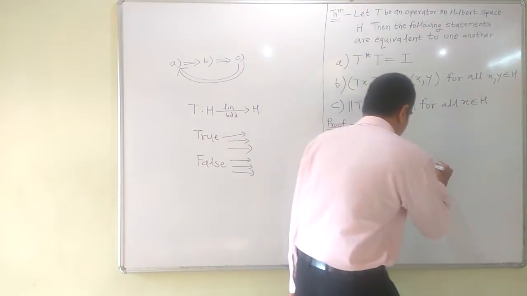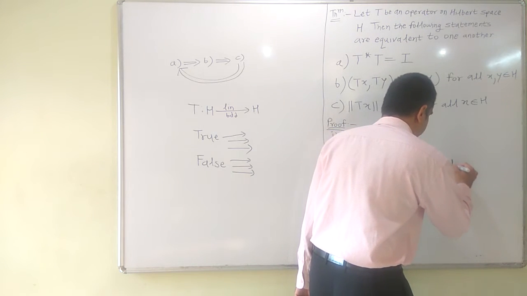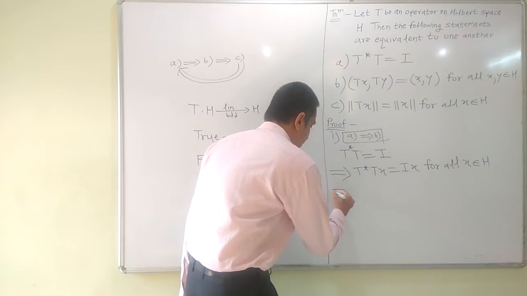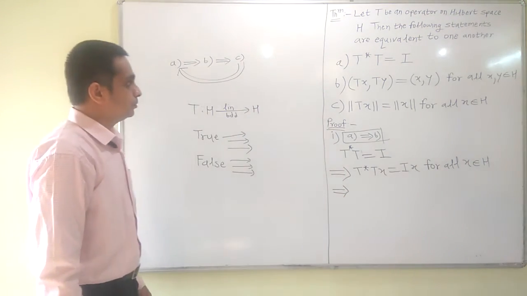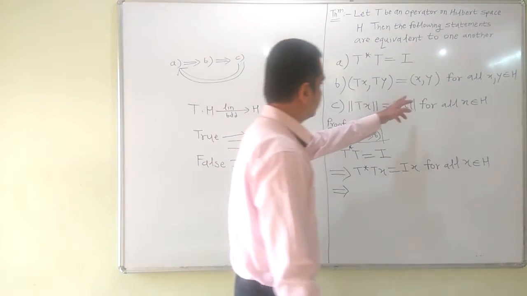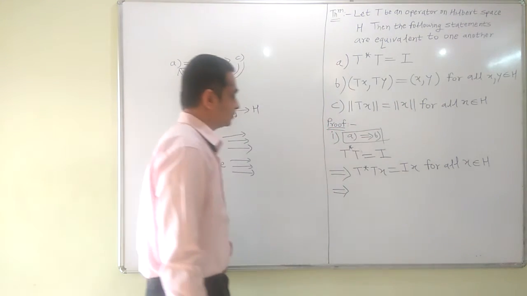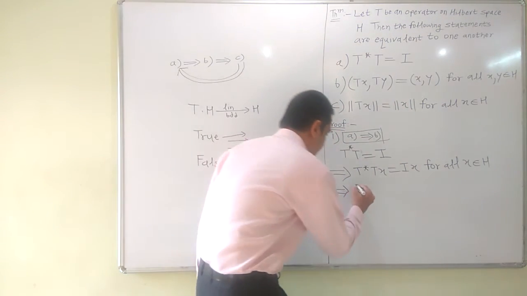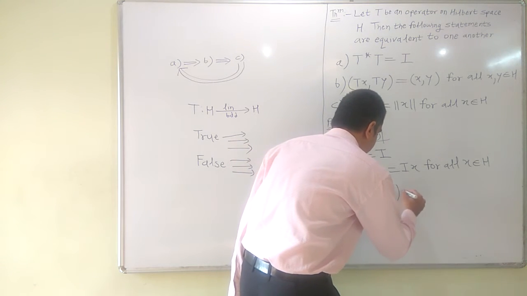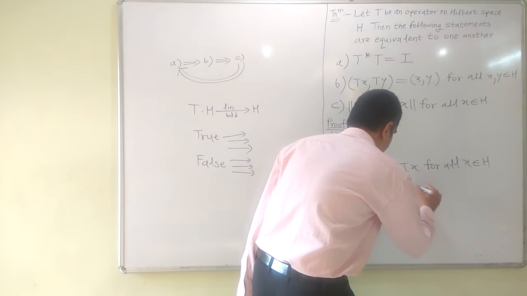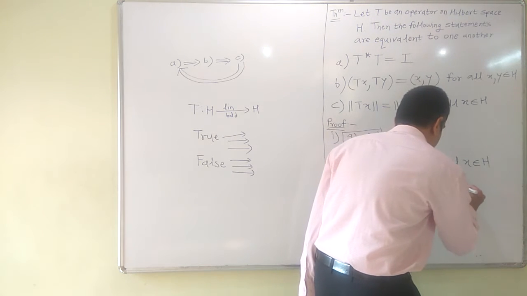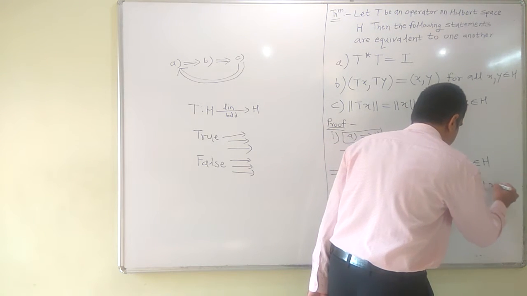T star Tx is equal to Ix for all x belongs to H. This implies that we have to prove that inner product of Tx and Ty equals inner product of x and y for all x, y belongs to H. So this implies that inner product of T star Tx, y is equal to inner product of Ix, y for all x, y belongs to H.